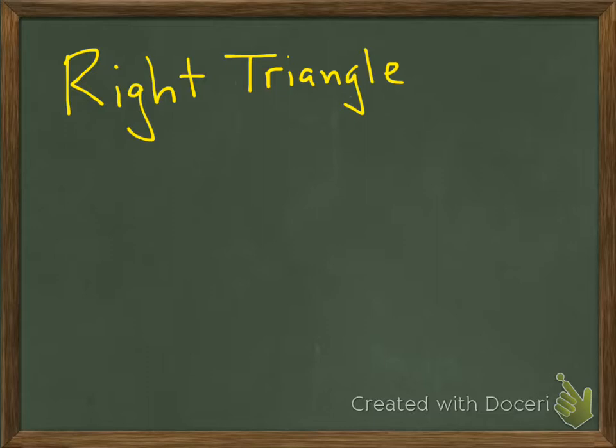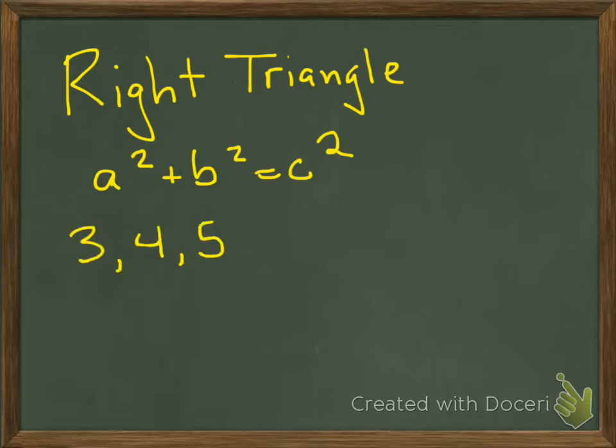How do you prove that something is a right triangle? You prove that something is a right triangle by a squared plus b squared equals c squared. That means if I give you lengths, if I give you a 3, 4, 5 triangle, you can prove that it's a right triangle by saying that you know the hypotenuse is always the longest side. So 3 squared plus 4 squared is equal to 5 squared.